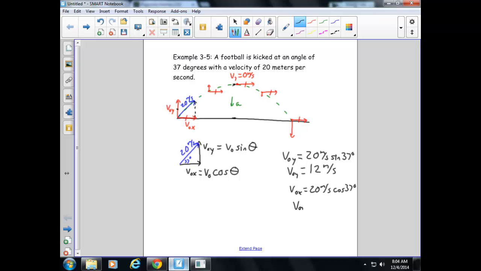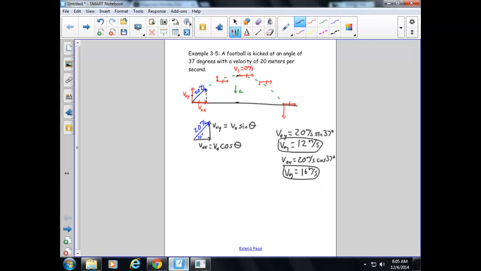V0x equals 16 meters per second. Now, the question didn't straight up ask us to do that, but it did imply that there was an initial velocity at an angle, and anytime there's something going on at an angle, components might be a helpful piece of information. So now that we have the components, let's take a look at part A.